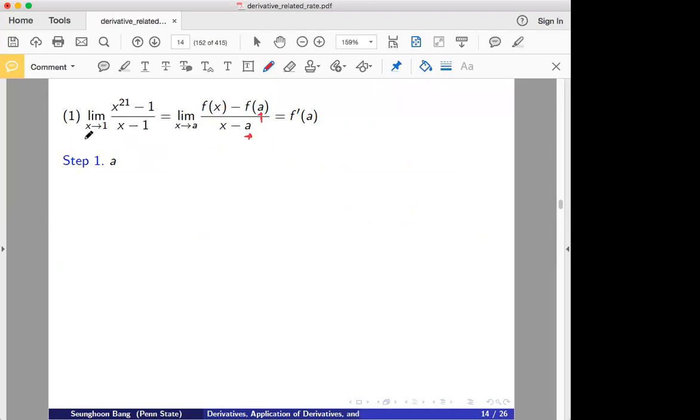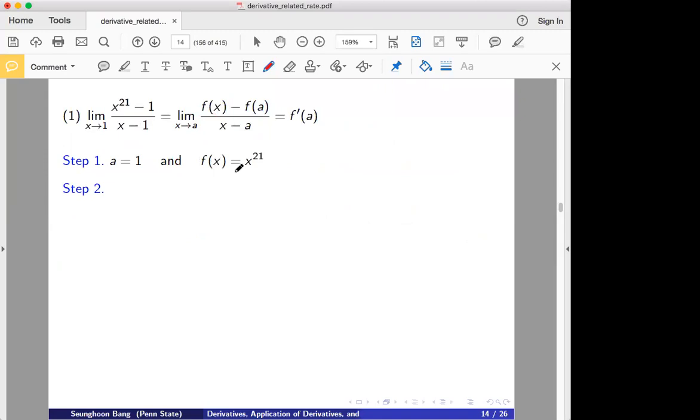You can compare this one with this limit. What is a? Yes, a is 1. It's good. What's f of x? Yes, exactly this side. X to the 21.